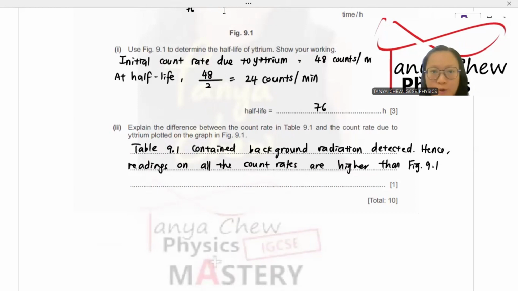Or Fig 9.1 only contains the count rate of yttrium alone.